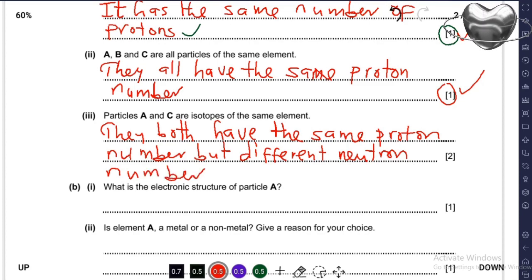That's a fact. That is an isotope. It's supposed to have the same number of protons but different number of neutrons.